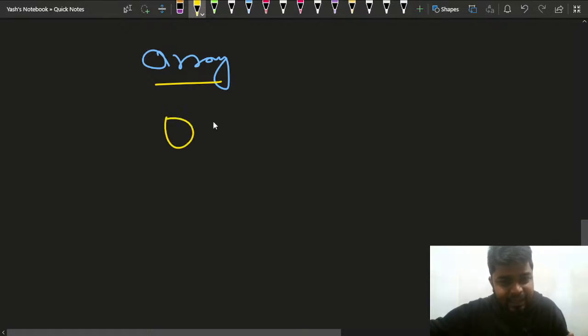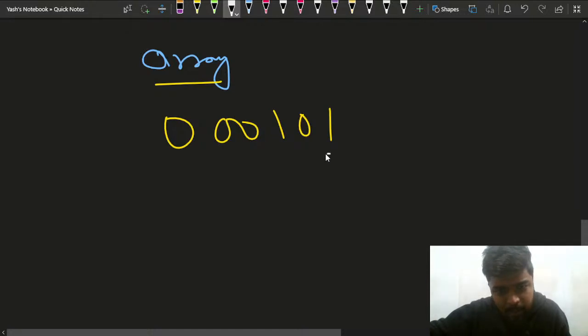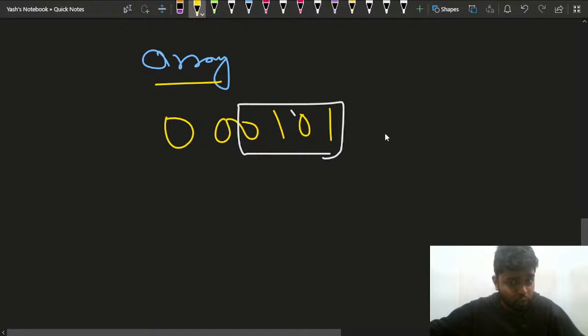Like if I consider something like this, 1 0 0 1, or maybe any other example, in this particular case this will be my answer, this particular subarray, because it is having two zeros and it is having 2 ones, right?